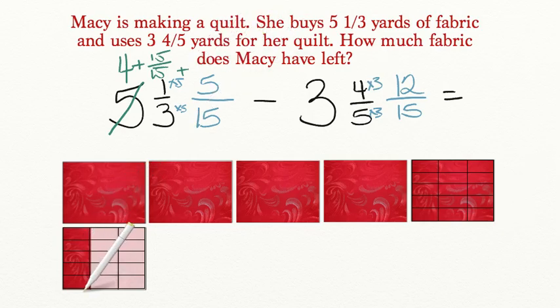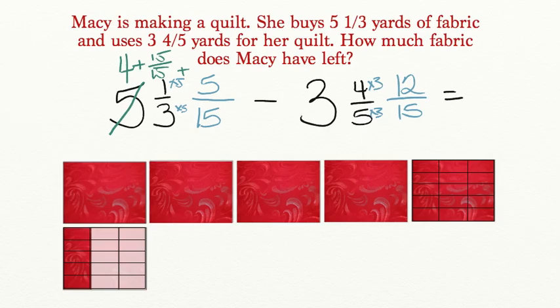So now we have 4 wholes, 1, 2, 3, 4, plus 15 fifteenths, shaded in here, plus 5 fifteenths. Now we can subtract 12 fifteenths. So we're going to subtract 1, 2, 3, 4, 5, 6, 7, 8, 9, 10, 11, 12 fifteenths. So we've now subtracted our 12 fifteenths, and now we're ready to subtract our wholes.